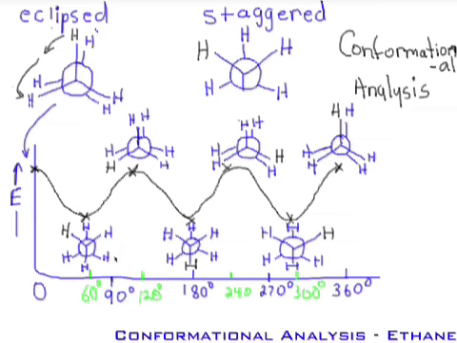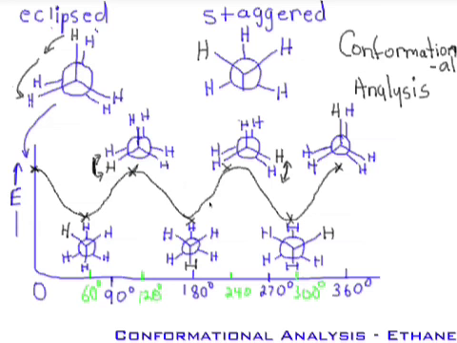There is no difference between the HH interactions from, say, this position to when you're over here. There is very little difference in the repulsions, and so the magnitude of the peaks and valleys is always the same. But this won't occur if you're looking down the carbon-carbon single bond of some different molecules.